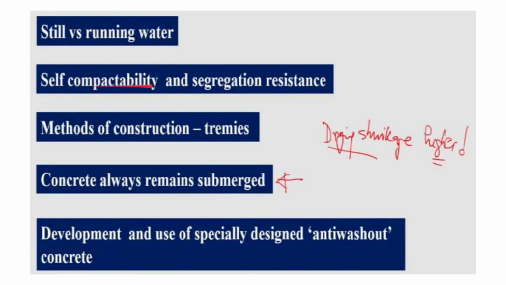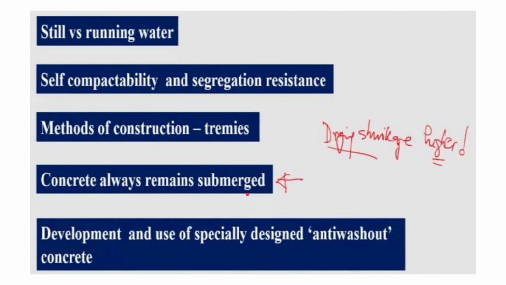What is the self compactability and segregation resistance? These are the factors based on which we have to design the anti-washout dose, the viscosity agent dose. Methods of construction: there are basically three methods underwater, tremie, machine pumping, and buckets. So we will study all those now.